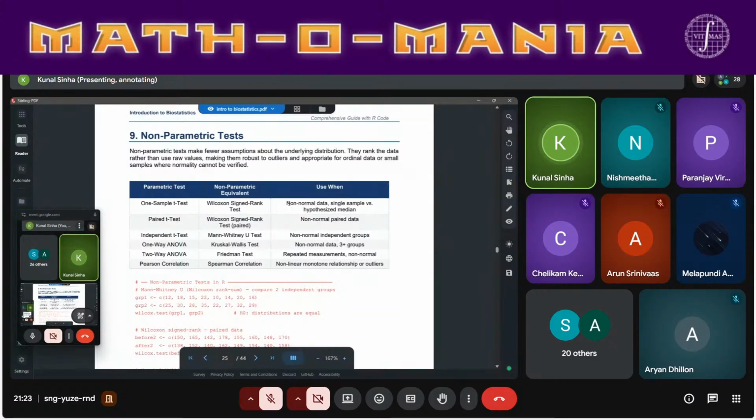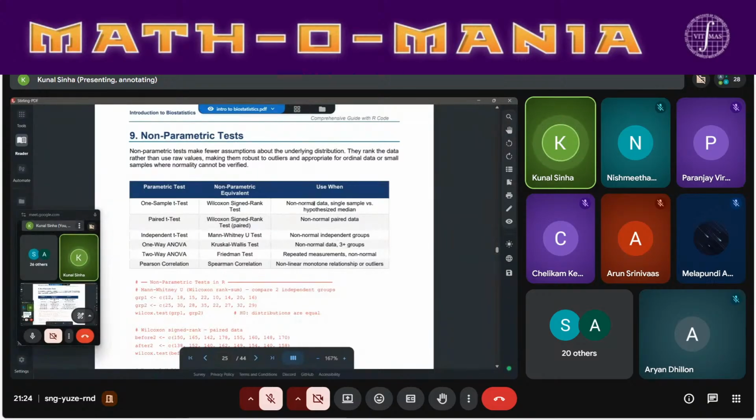For the one sample t-test we have been given here, the non-parametric equivalent is the Wilcoxon signed rank test. Wilcoxon signed rank and Wilcoxon paired are the two most common tests that you'll encounter. Spearman correlation and Friedman tests are also pretty common, but Wilcoxon is the most common.